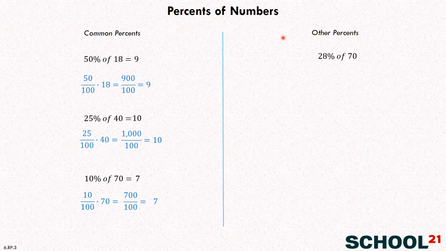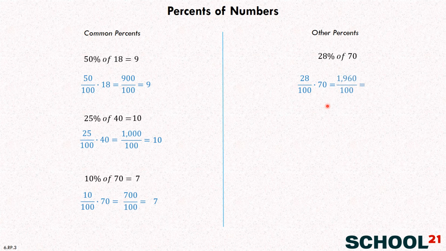What would 28% of 70 be? Well, that one we don't usually memorize what 28% is, right? It's not like 1/4 or 1/3 or something like that. So how would you set up this problem, kind of like we did over here in the blue, to solve it over here? 28 over 100 times 70. Good. Same pattern, right? So now you probably need a calculator to multiply 28 times 70.